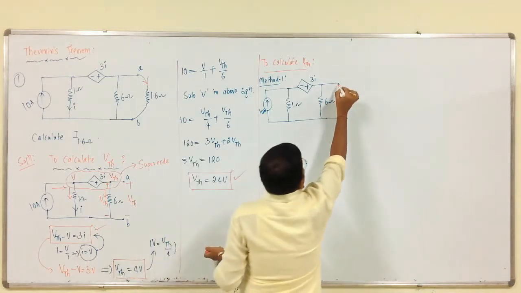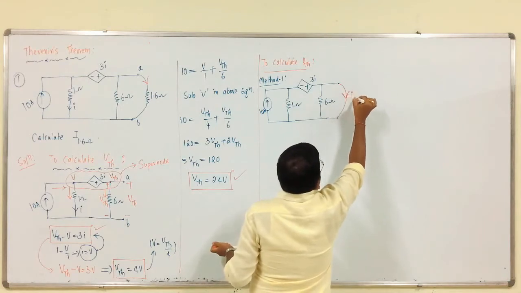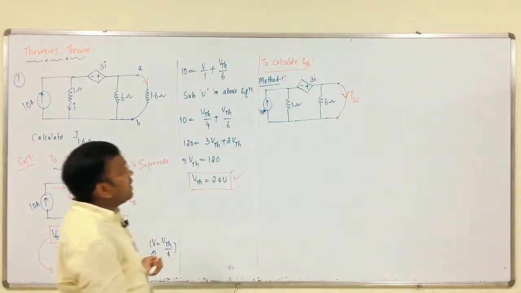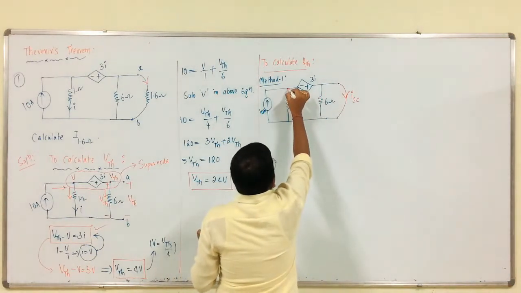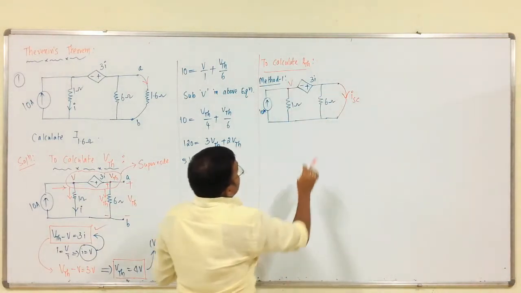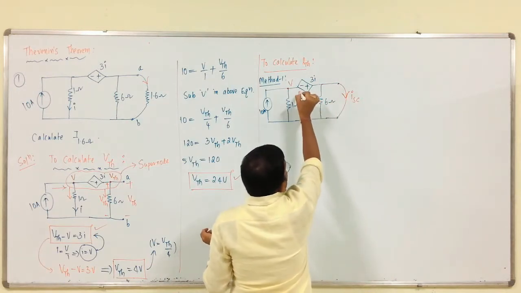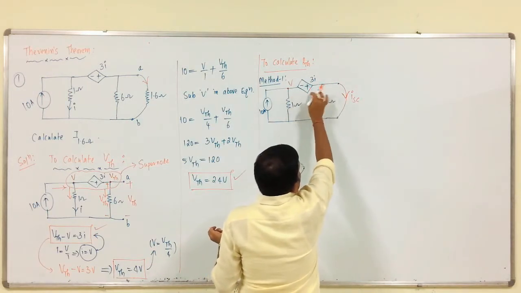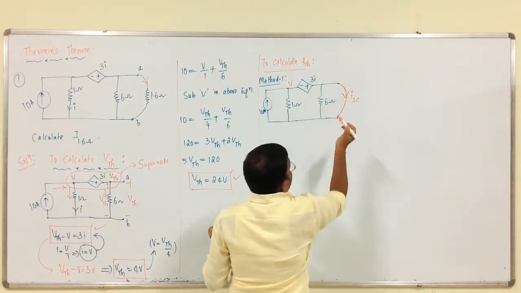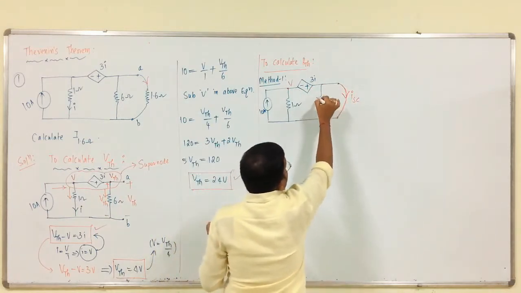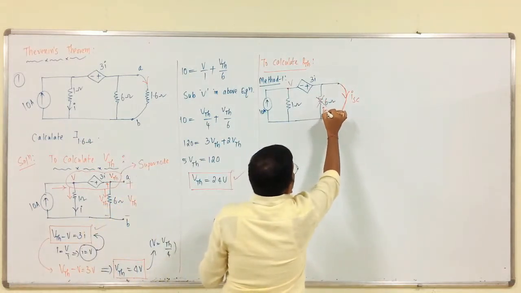Next, we have to short the terminals. From this we have to calculate ISC. But see, this is the voltage V. After this node we have a short circuit path, whatever the current through this path may be. There is no use of this 6 ohm branch. The current through this 6 ohm branch is nothing but 0.